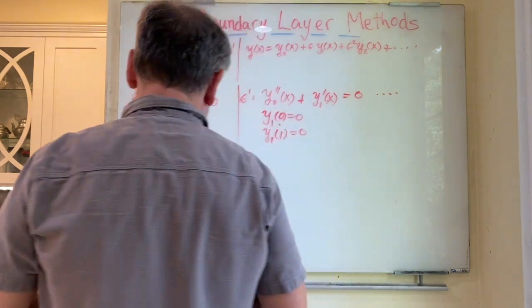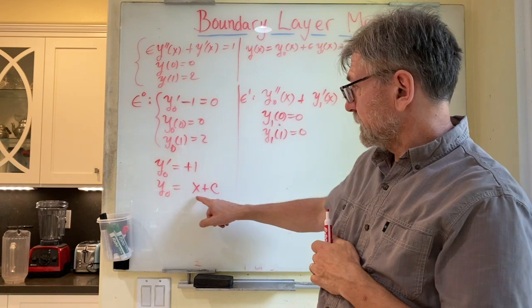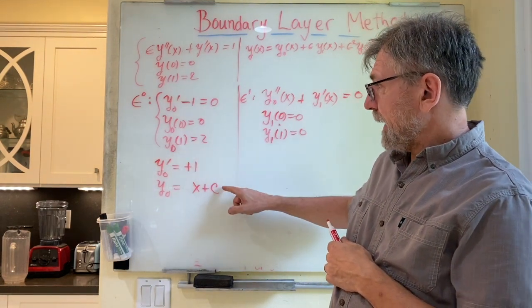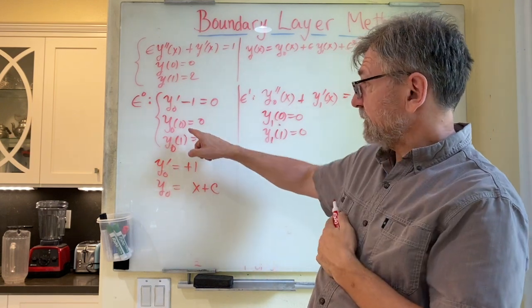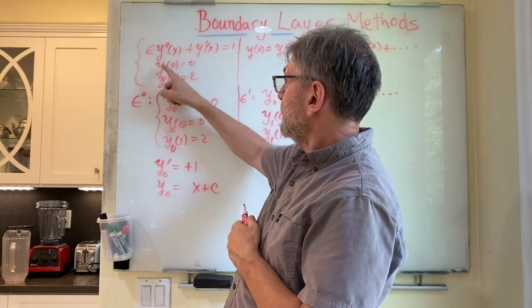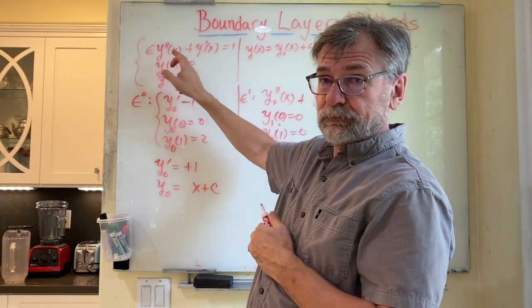And we can imagine it happening at two places. We can keep the solution saying that that's valid at y naught of 1 equals 2, and then assume that something different happens when we get close to 0. When we get close to 0, somehow this term, which is negligible everywhere except close to 0, becomes important.